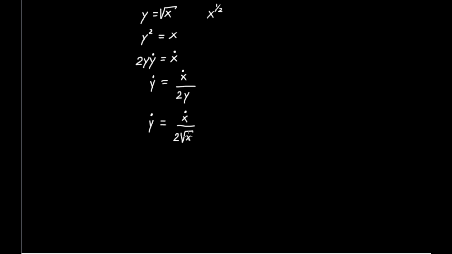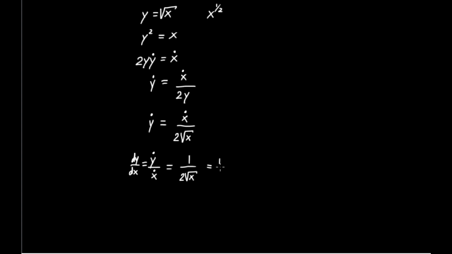And writing this in our modern notation, if we want to find what dy over dx is going to be equal to, this would be, in Newton's notation, y dot over x dot. And when I do that, I'm going to find that y dot over x dot is 1 divided by 2 square roots of x.